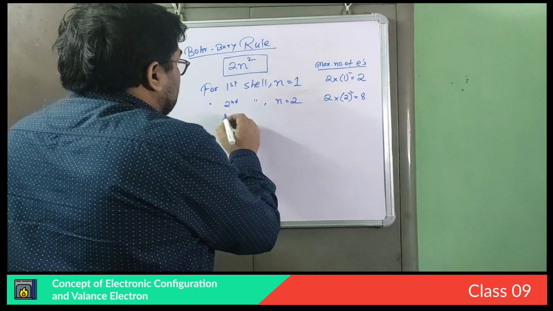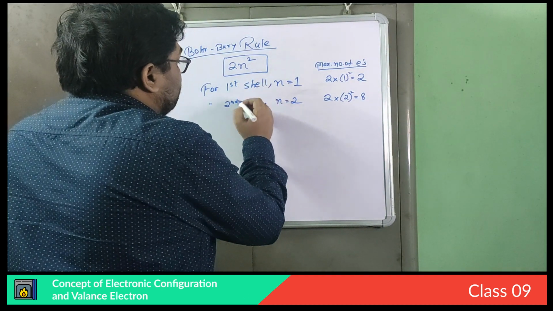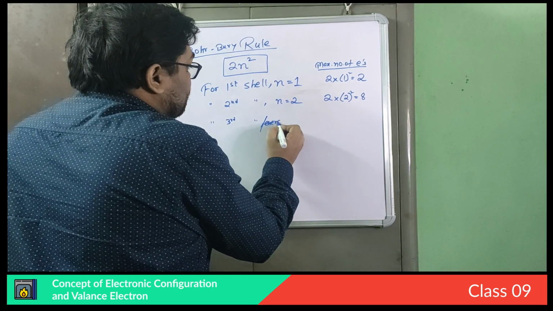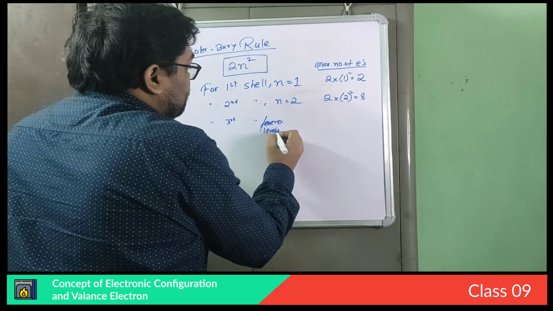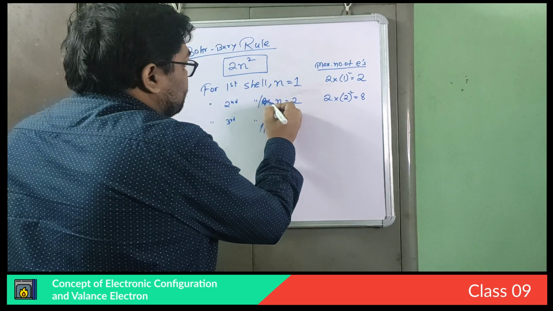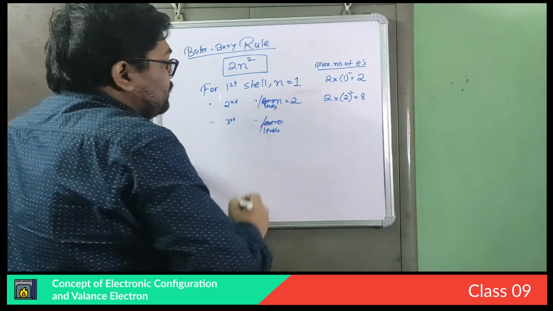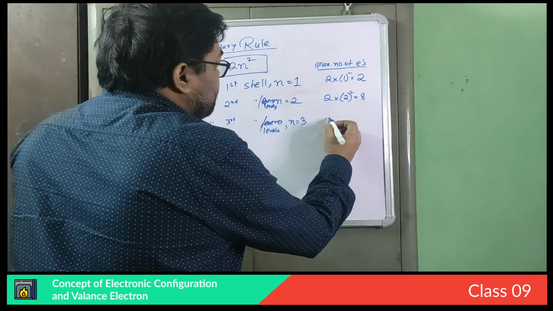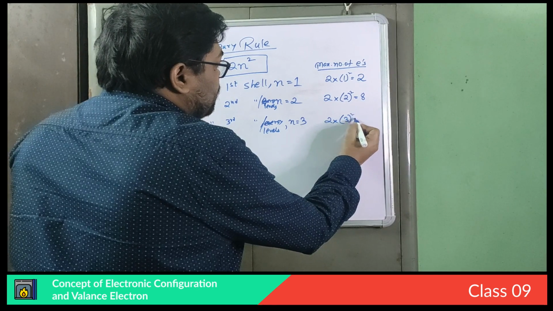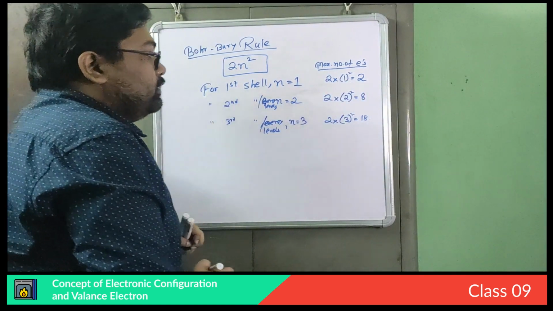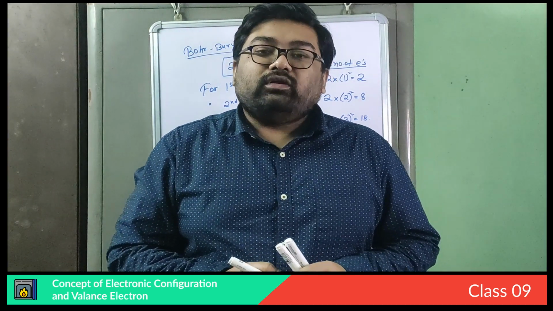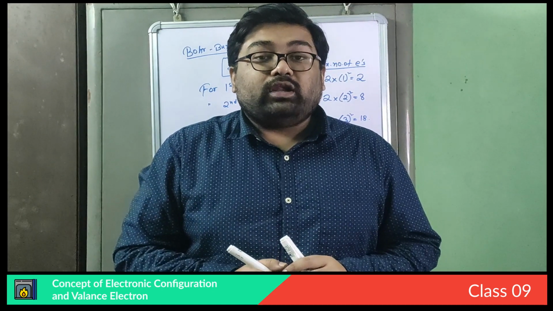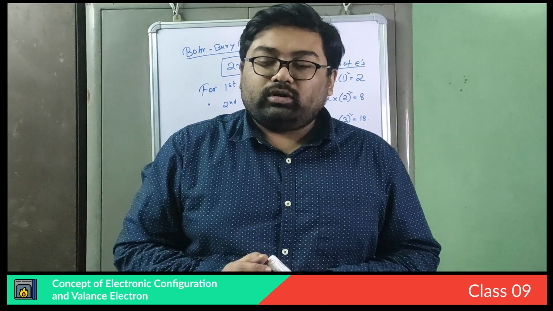For the third shell or energy level, these are all energy levels, so you can also call these energy levels. For the third energy level, we have the value of n as 3. So 2 into 3 square equal to 18. So various energy levels have various accommodation of electrons, and this was in accordance with the Bohr-Bury rule, right?